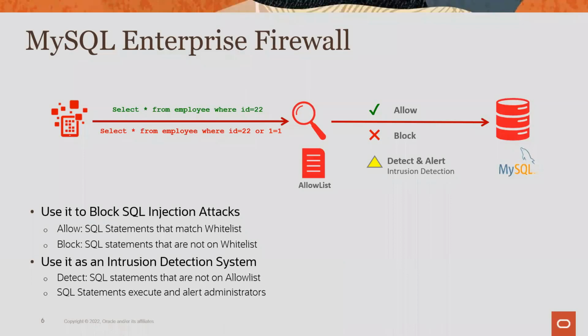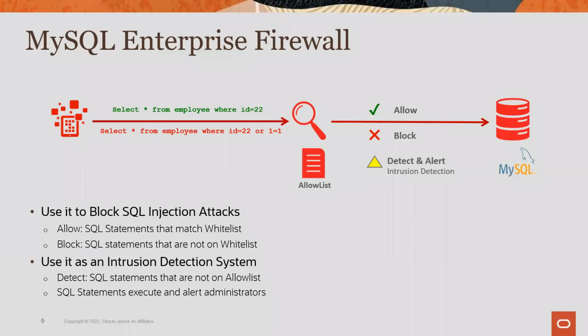So each account registered with the firewall has its own statement allow list, which enables this protection to be tailored, for example, per account. For a given account, the firewall can operate in recording, protecting, or detecting mode. For training in the accepted statement patterns, then for active protection against unaccepted statements, or for passive detection of unacceptable statements.